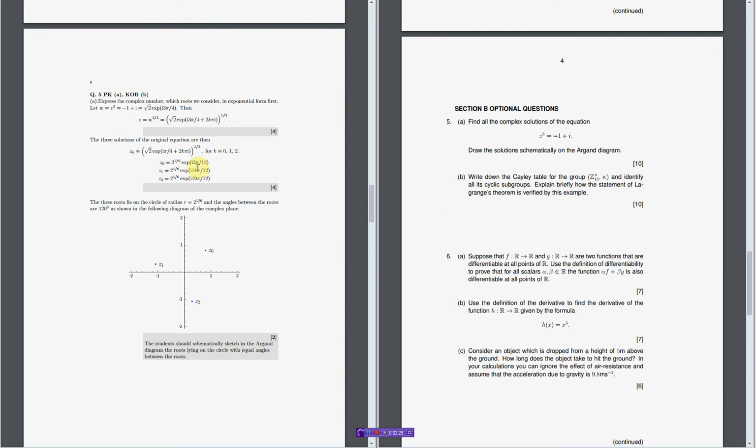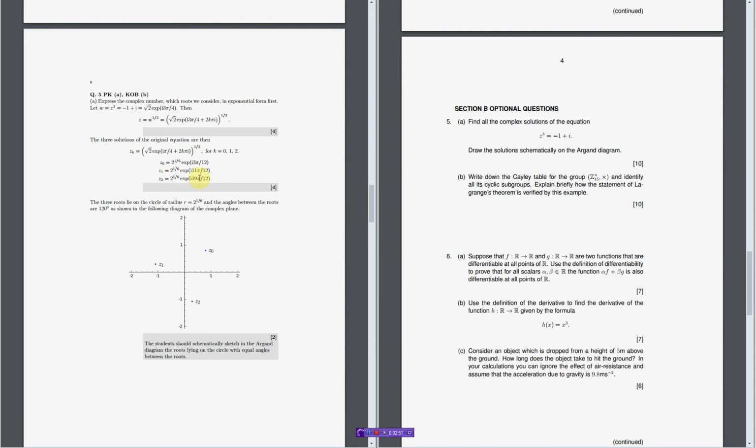And when k equals 1, we'll have 11 pi over 12, and when k is equal to 2, we'll have 19 pi over 12. There's no need to take further values for this parameter k, because you'll end up just re-expressing these same 3 roots with a larger polar angle.